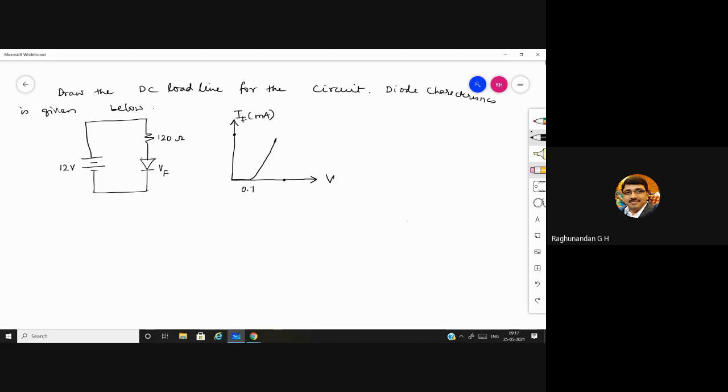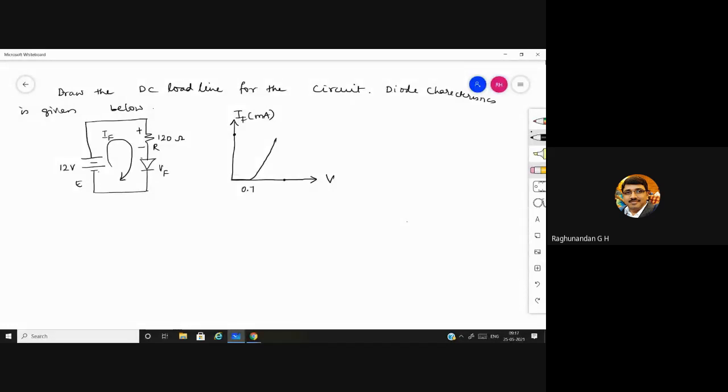So in this question, they have just asked for the DC load line. For that, we apply KVL, and yesterday I told you the entering point is always considered positive and the leaving point is considered negative. Considering that, let us take this as E, this as R, and this as VF, and the current flowing is IF.